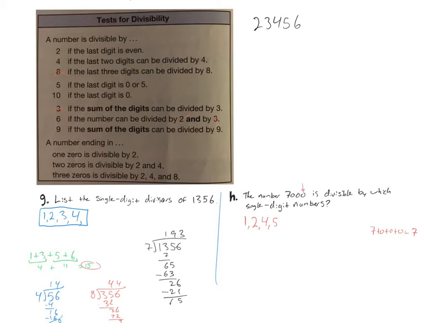So then I cannot say 6. 7 we already checked, right? 8, if the last 3 digits can be divided by that, last 2 digits are 0, so yes, can be divided by 8. And then 9, if the sum of the digits is divisible by 9, but 7 is not. So this would be all of my single digit numbers there.